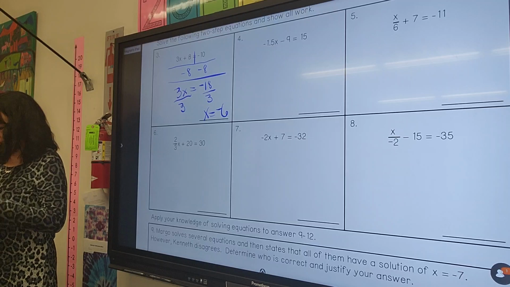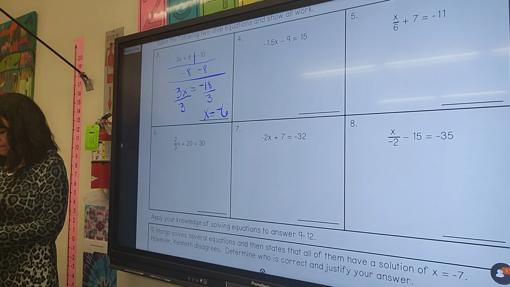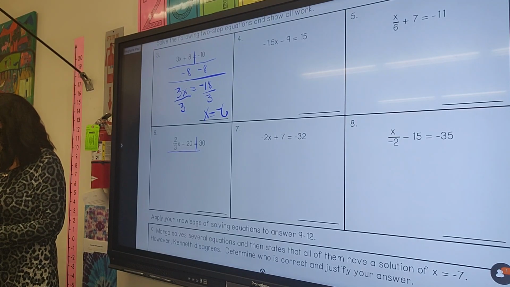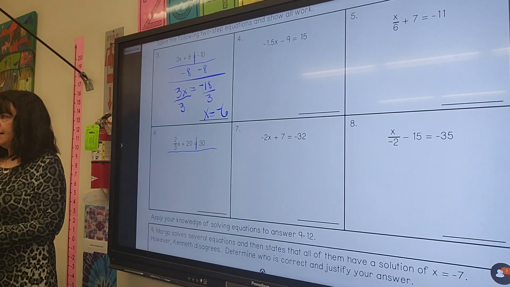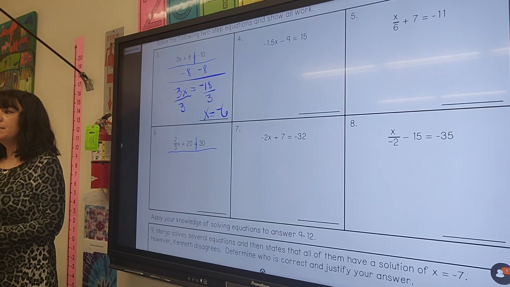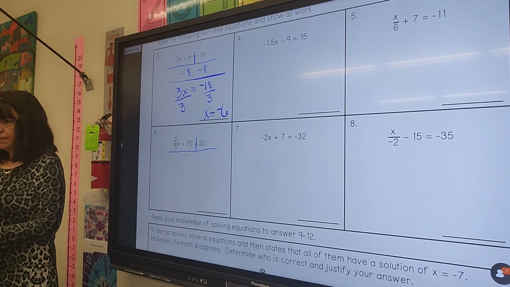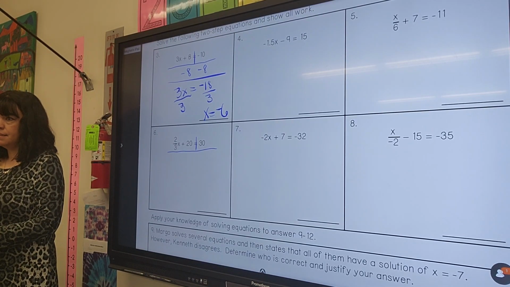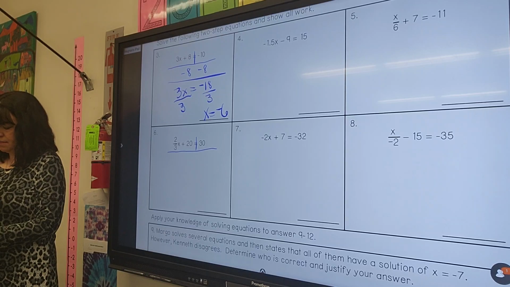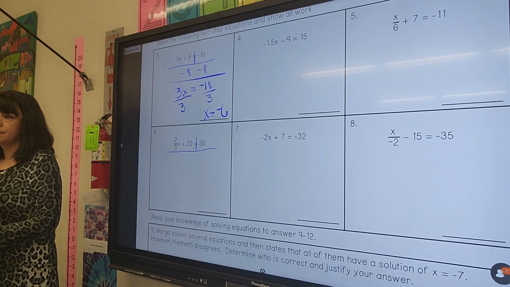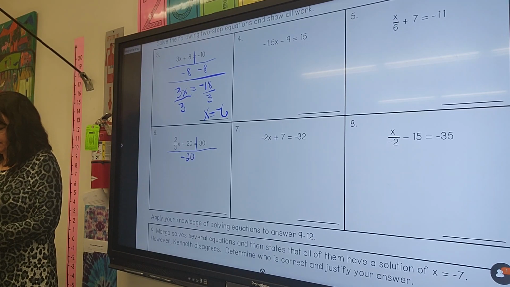Okay, so let's do this together. So look up here. What's the first step? Who can tell me what I should do first? Dawson? We have plus 20, so we're gonna subtract 20 from both sides, right?